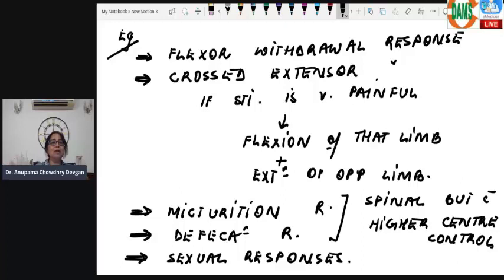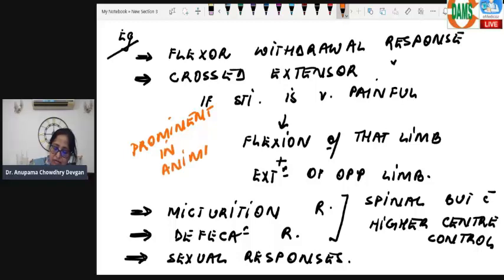This is very prominently seen in animals, not so much in us. Micturition reflex: when the bladder is distended, contraction of detrusor, relaxation of the sphincters. Defecation reflex, sexual responses.